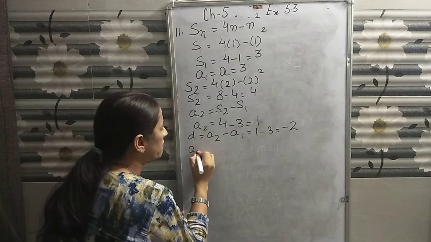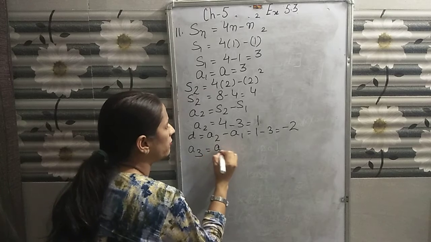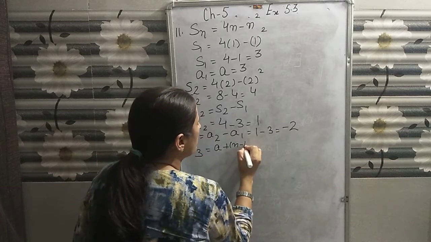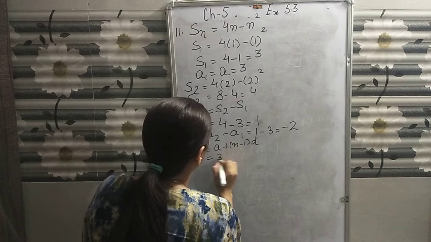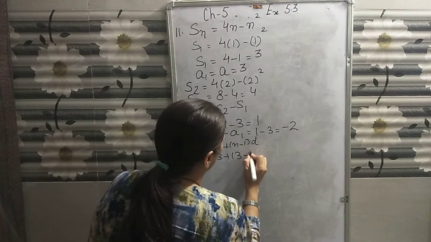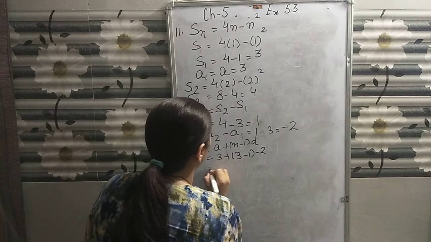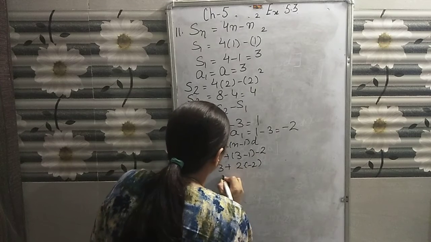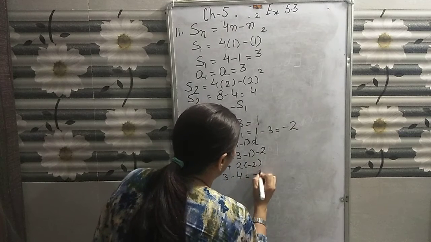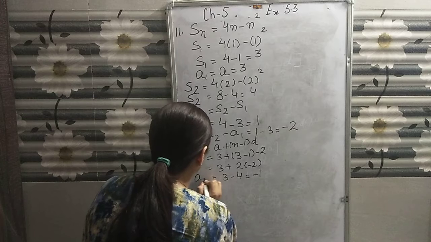Now I can easily find the third term by putting in the formula a plus n minus 1 d. Here a is 3, n is 3 minus 1, d is minus 2. So 3 plus 2 into minus 2. So 3 minus 4 is minus 1, which is your third term.